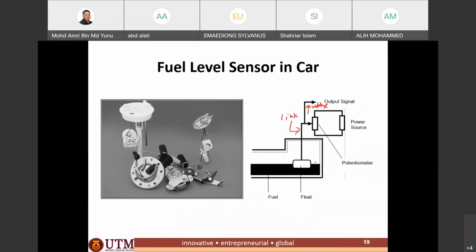Basically, the potentiometer's moving shaft is linked to a float. The link is done very carefully so that the inside of the tank is separated from the outside.